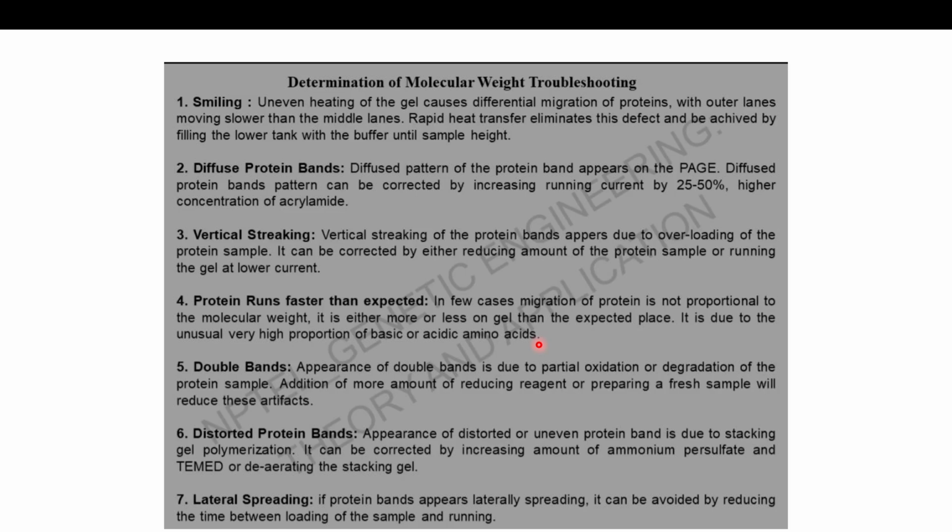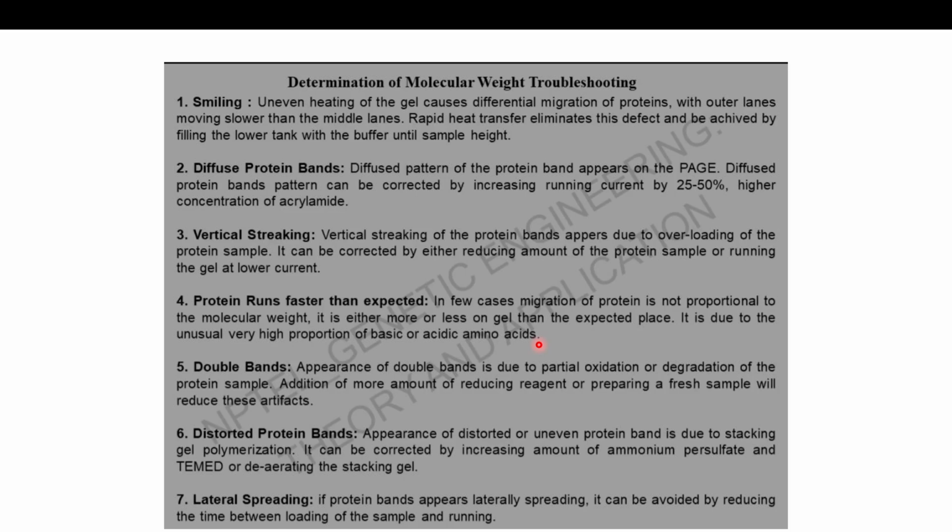Suppose your protein is 10 kDa, but on the gel you see that it is running nearer to 12 kDa. So it is based on the amino acid composition of your protein, because amino acids will have a net charge on them, right?